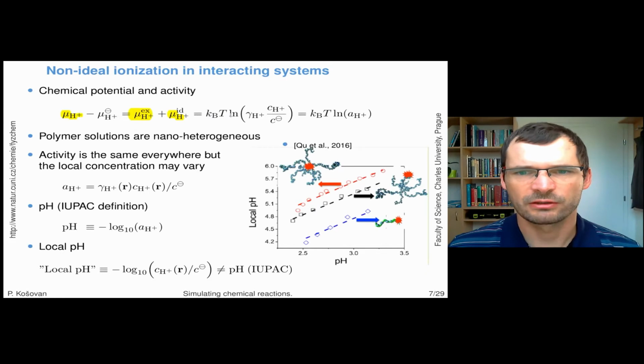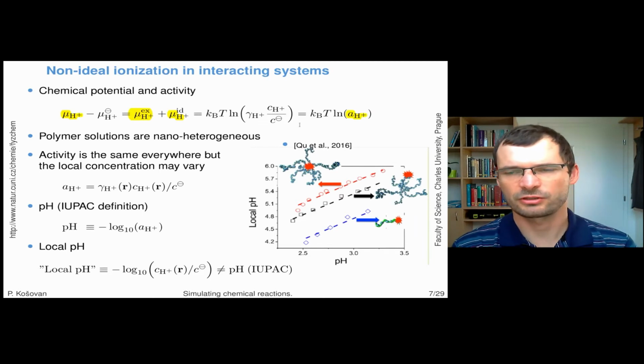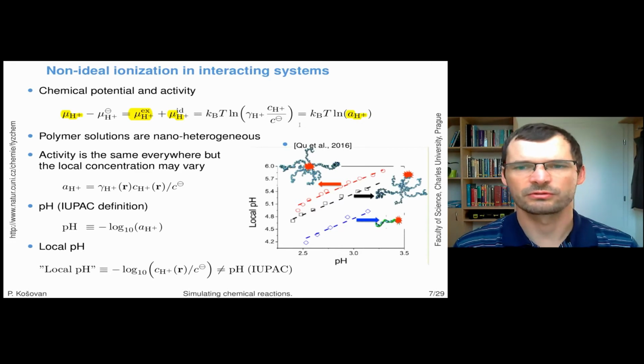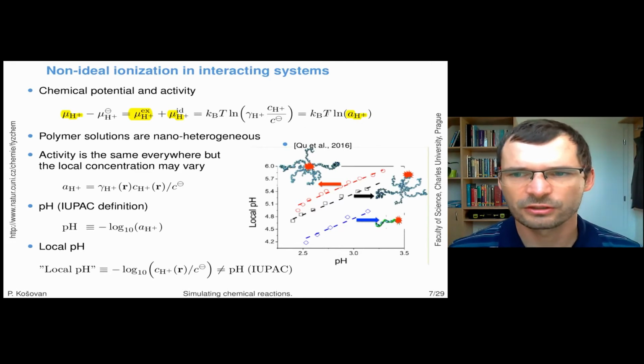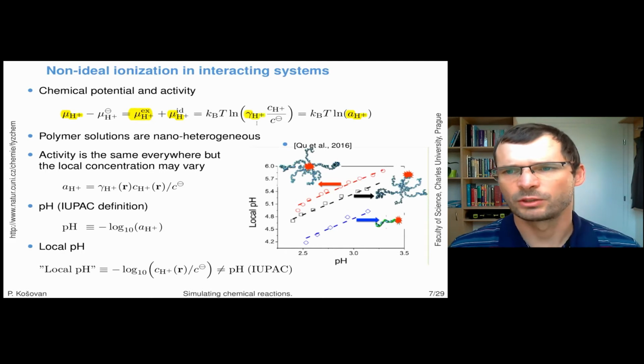And phenomenologically, we introduce a quantity called activity that is in the same relation to the full chemical potential as the concentration was related to the ideal chemical potential. And we introduce the activity coefficient gamma as a multiplicative constant which is dimensionless and which relates the activity to concentration.